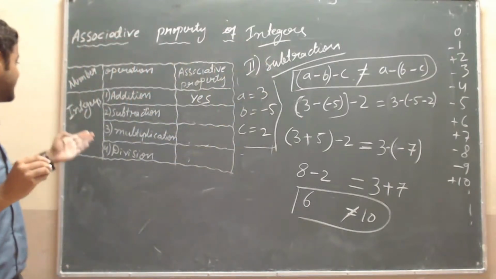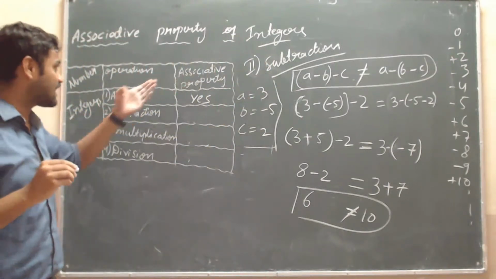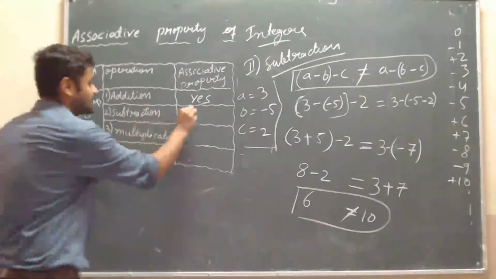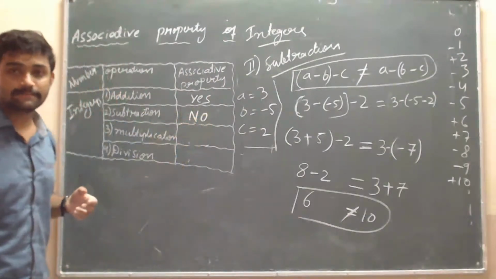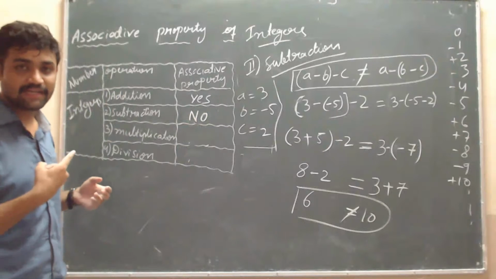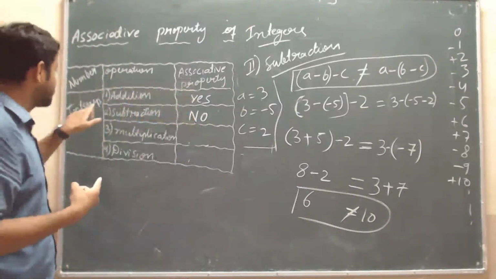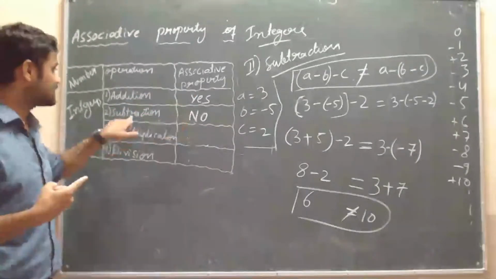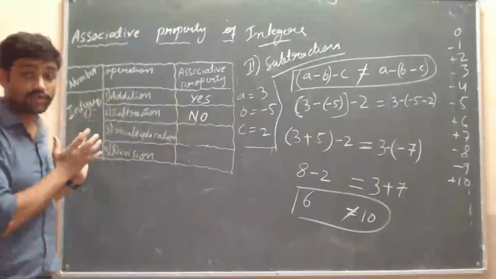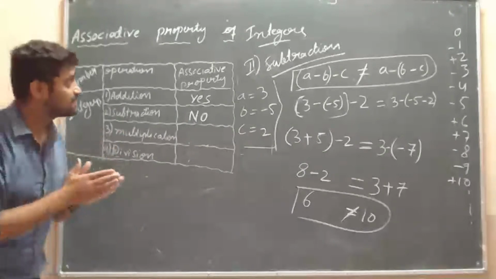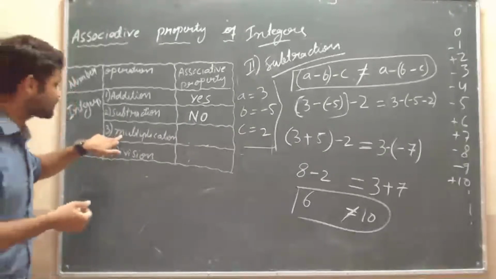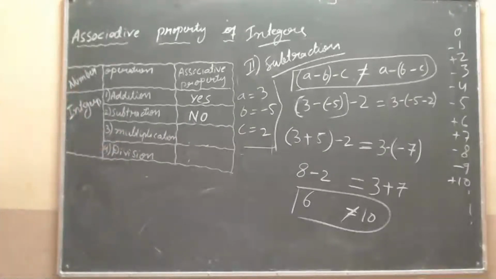And also we can say that integers are not associative under subtraction. I'll write it here. Understood? That is, integers are associative under addition, but not under subtraction. This table is very important. Then the third one is this. You have to check for multiplication.